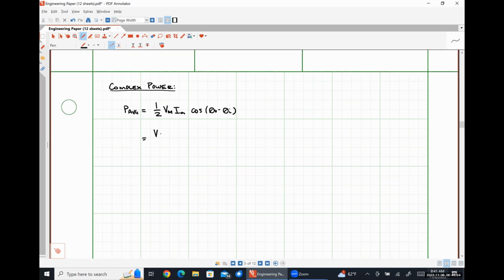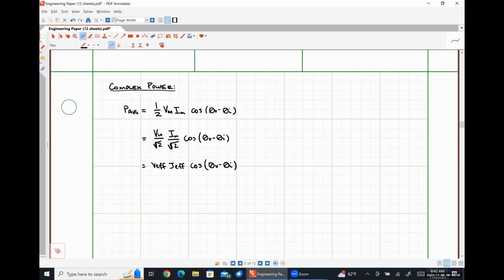So we could say that it's really VM over the square root of 2 times IM over the square root of 2 times the cosine of theta V minus theta I, or the effective value of the voltage times the effective value of the current times cosine(theta V minus theta I). So this is expressing average power in terms of effective values.